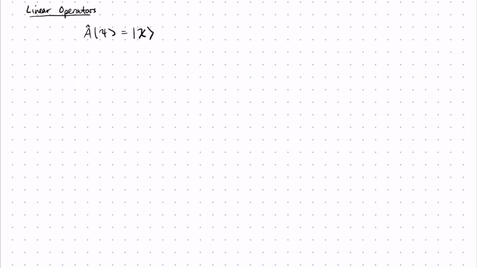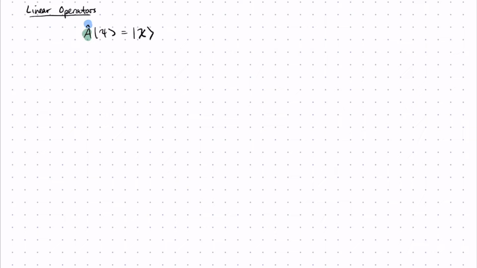So in other words, operators take vectors as inputs and return vectors as outputs. In this class, we're always going to write operators with an uppercase letter, and we're going to put a little hat on top to signify that they're an operator.